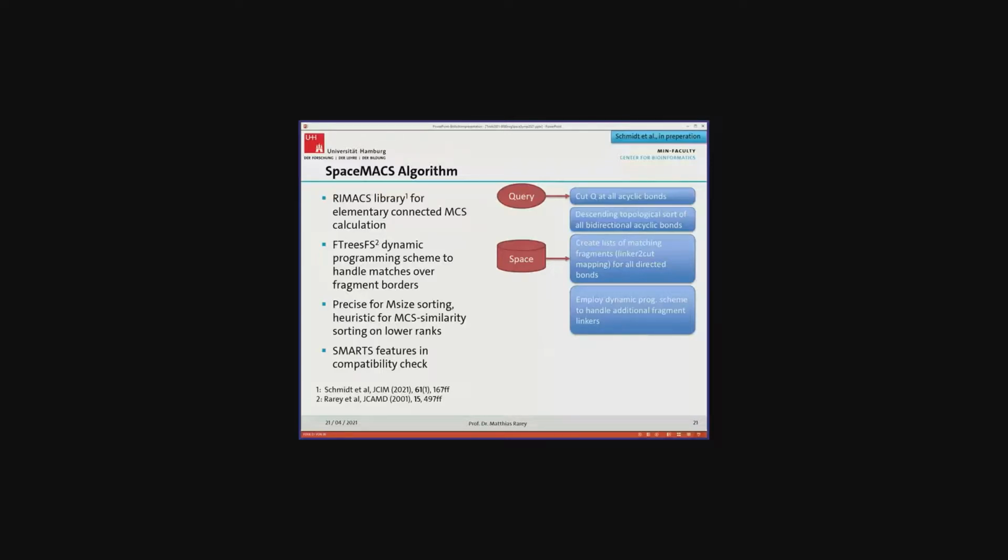Based on this, we create our result list by pairing fragment lists along all these cut bonds. And then we have to do a second round of similarity or MCS calculations where we check whether the query exists in one of the individual fragments, so we have to check all the fragments individually. So that's, again, in a nutshell, how the method works.